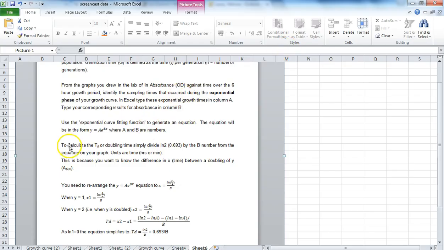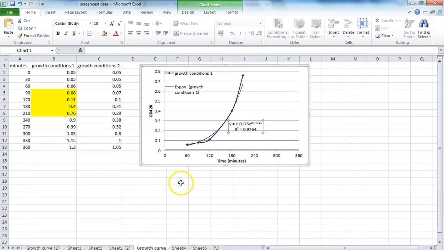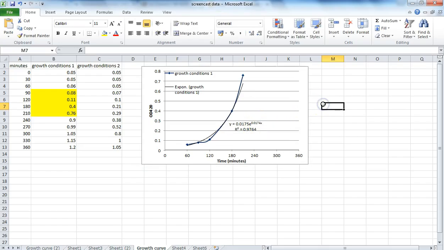So I'm going to remember that to calculate TD, the doubling time, I need to divide 0.693 by b. And b is just there in my line equation. So I'm going to go back to my line, and here, this is my b. I'm just going to write that down.